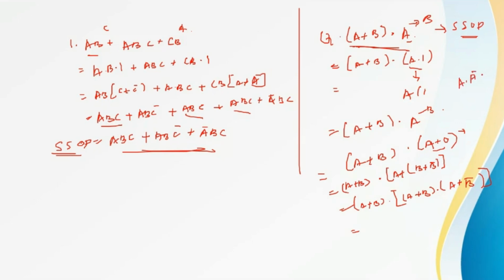A plus A bar is, sorry, A into A bar is 0. Same we are applying for B into B bar. This is the complementary law.